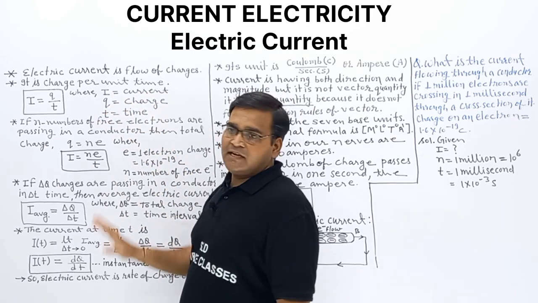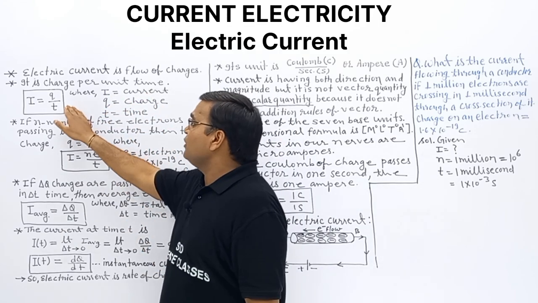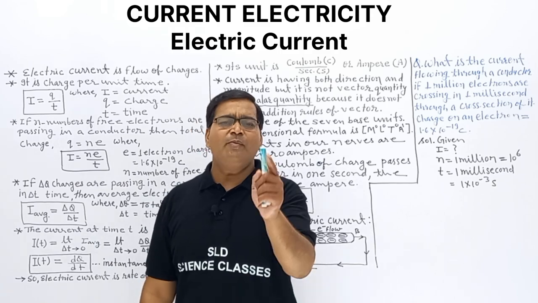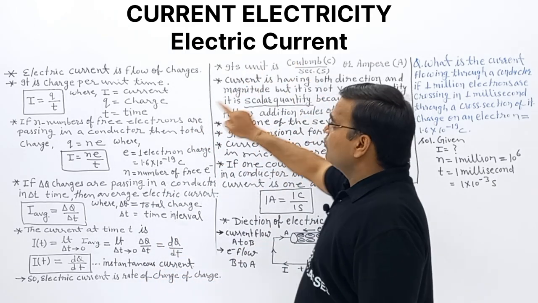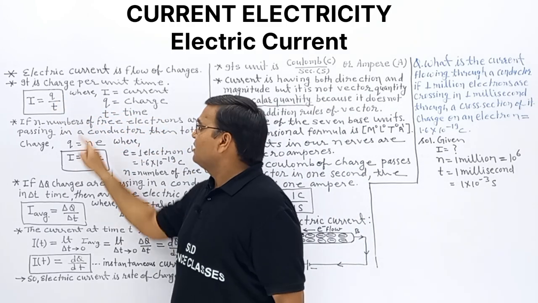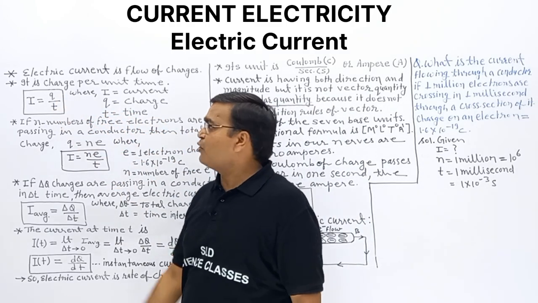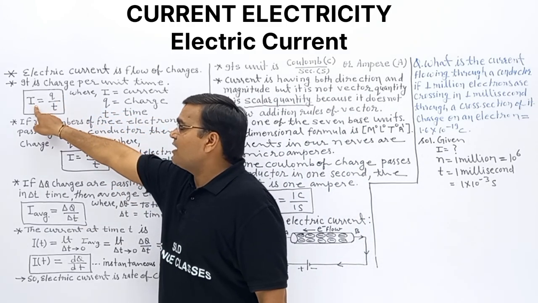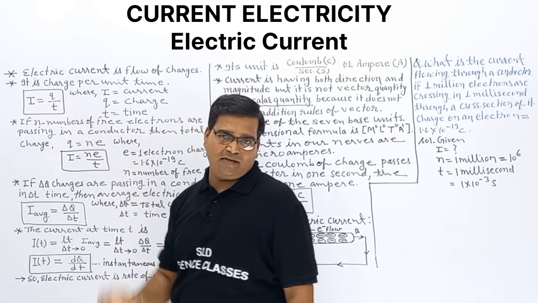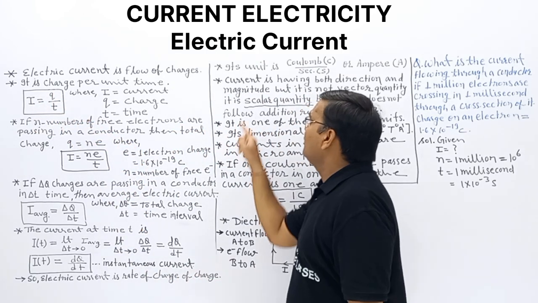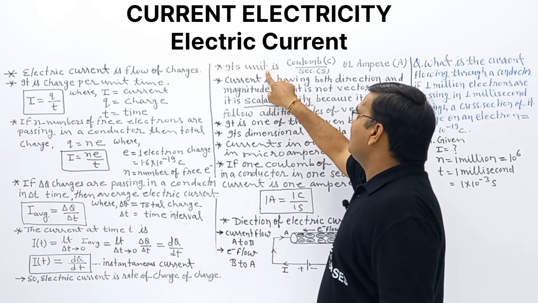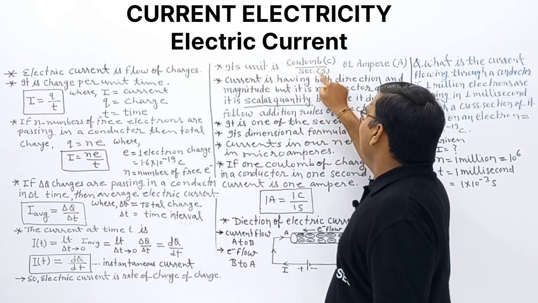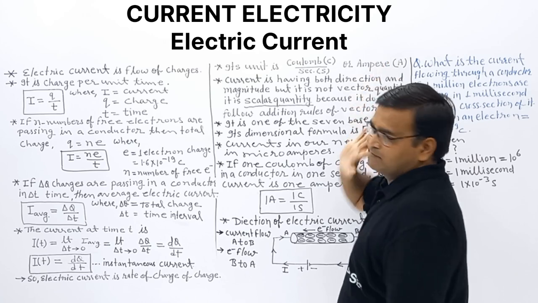I equals current. And what will be its unit? Observe, Q is in coulomb, T is in second. So current has the unit coulomb per second, or ampere.